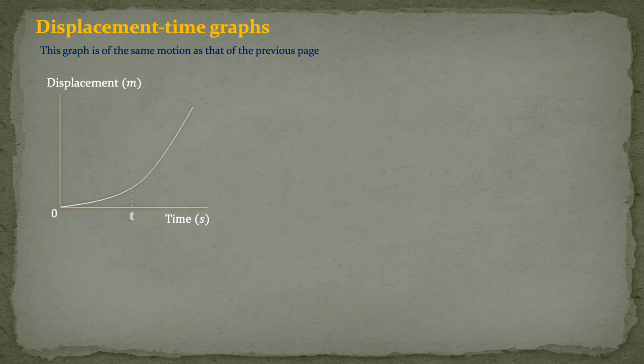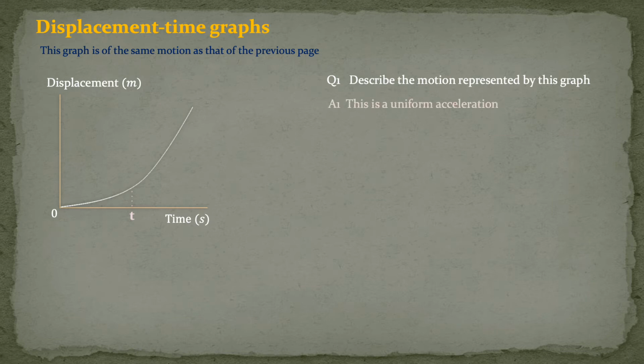And you'll remember from your work at Higher that the displacement time graph for a uniform acceleration is a curve. Question 1. Describe the motion represented by this graph. Well, as was previously mentioned, it's a uniform acceleration.